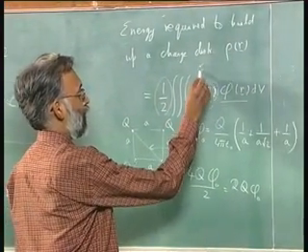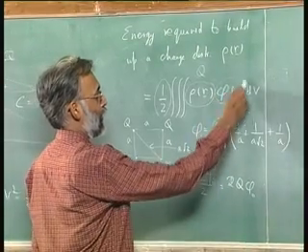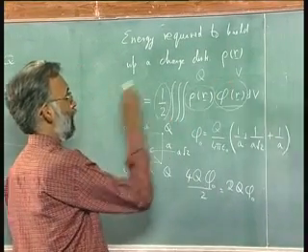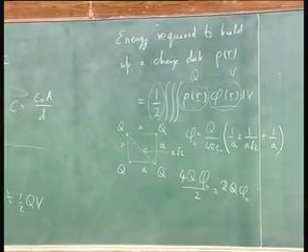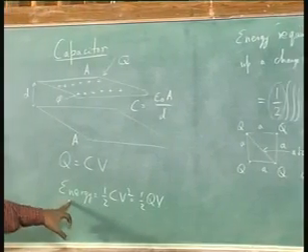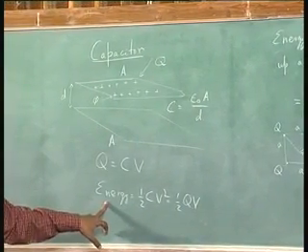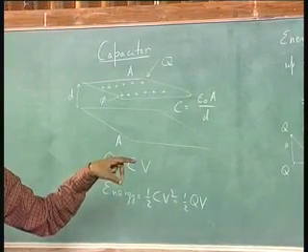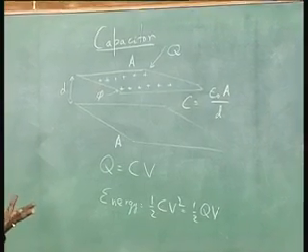This is nothing but Q, this is nothing but V, and you have your 1/2. So, the formula of a capacitor is really saying the same thing as energy in an electrostatic field.